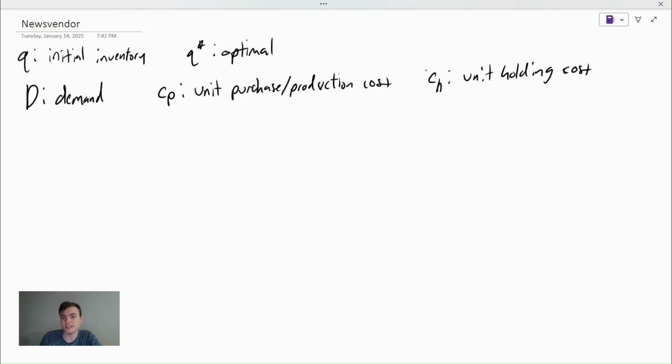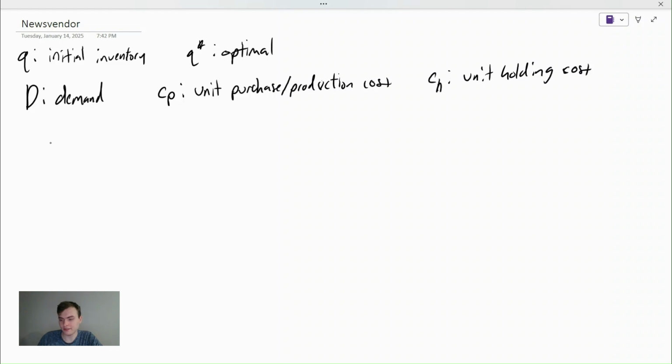So holding cost is when you have more units than the demand, there's some leftover units and you have to hold on to them to the next period. So holding cost is cost you incur when you're not able to sell everything. And it's per inventory unit left over, right?